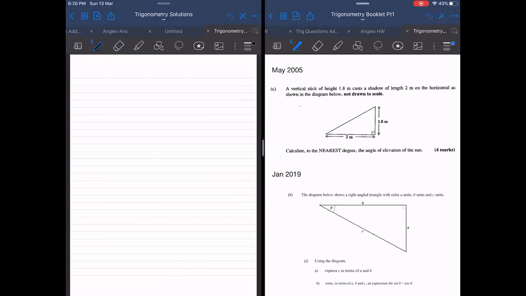All right, guys. So remember, you have the booklet, but for those of you who can't use the booklet right now, then just try to use your screen.